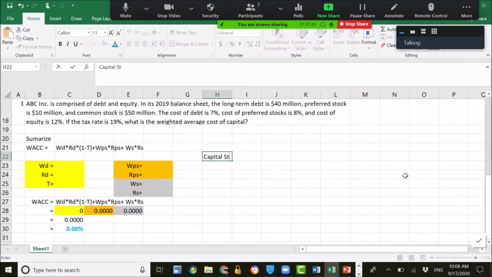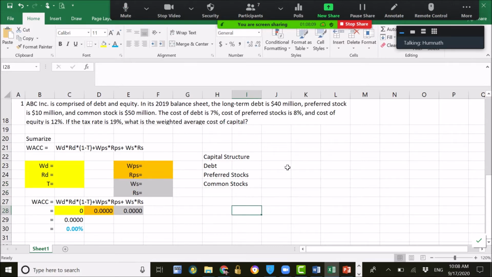Capital structure. So in capital structure, it has debt, preferred stock, and common stocks. All right, so this is in million, okay?